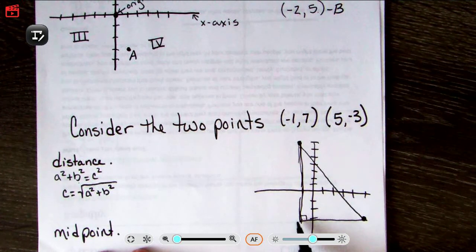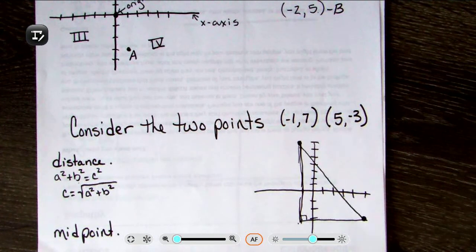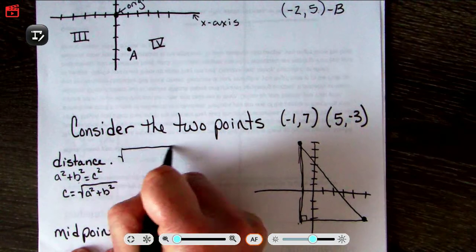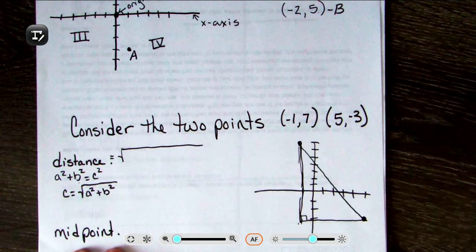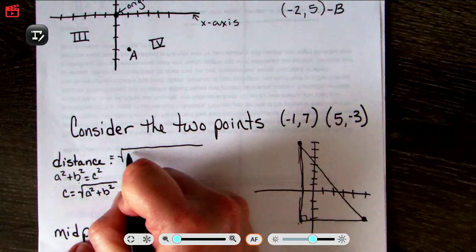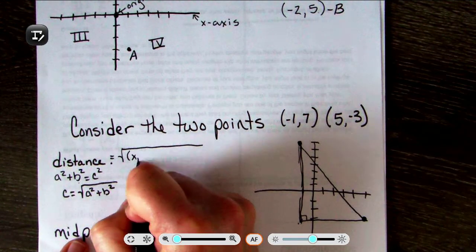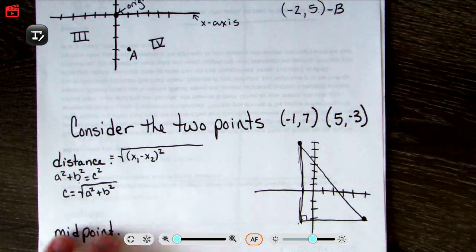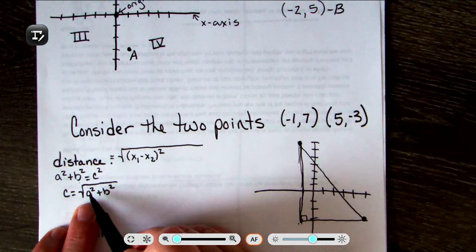How did the x values change from here to here? And if we think about change, or distance between two things, we're going to subtract them. So if we want to do the x's first, we can take x1 minus x2 to find out how far apart they are. And we have to square them because of the Pythagorean theorem.